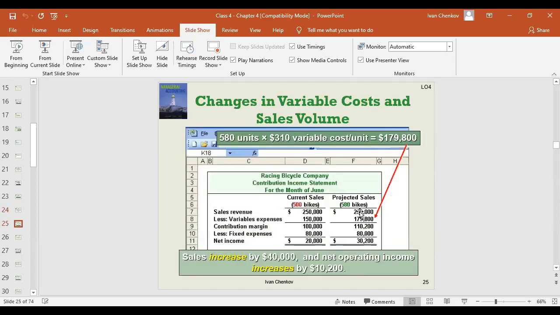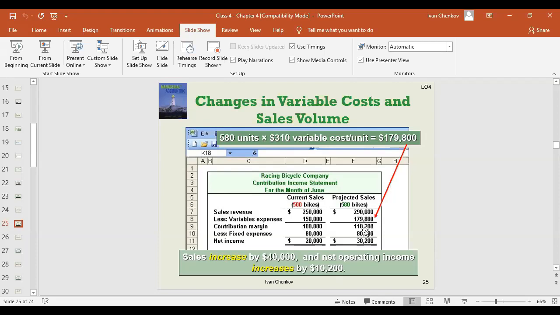So the question is, if we sell those additional 80, is that enough? When we sell 580 units and we increase the variable cost, we generate an additional $10,200, which is more than what we're doing right now. Currently we have a contribution margin of 100,000.